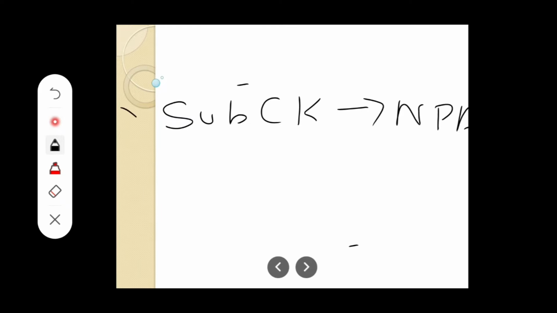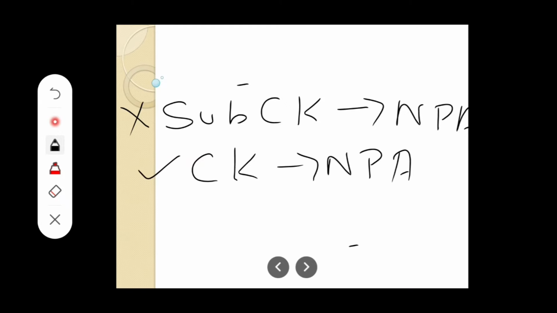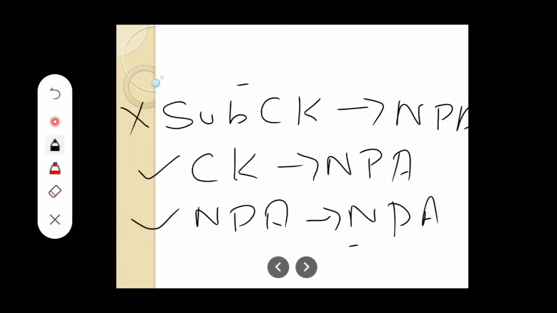This must not happen. But a candidate key determining a non-prime attribute is right. That is fine if it occurs. Or a non-prime attribute determining a non-prime attribute is also okay. So if this one condition occurs, it is not satisfying 2NF. It will not satisfy 2NF.